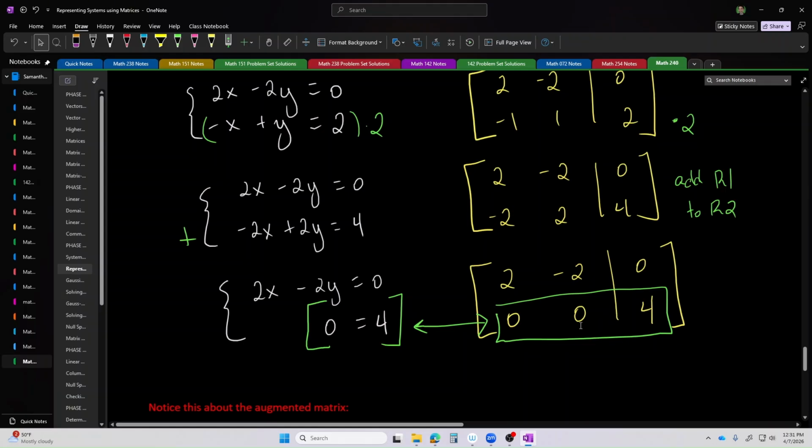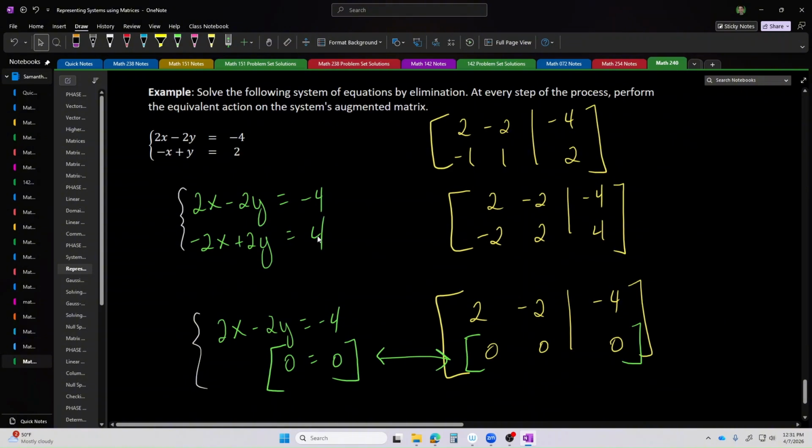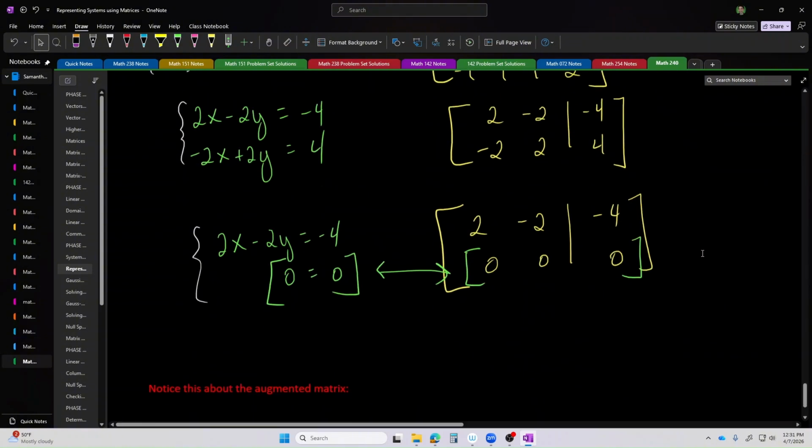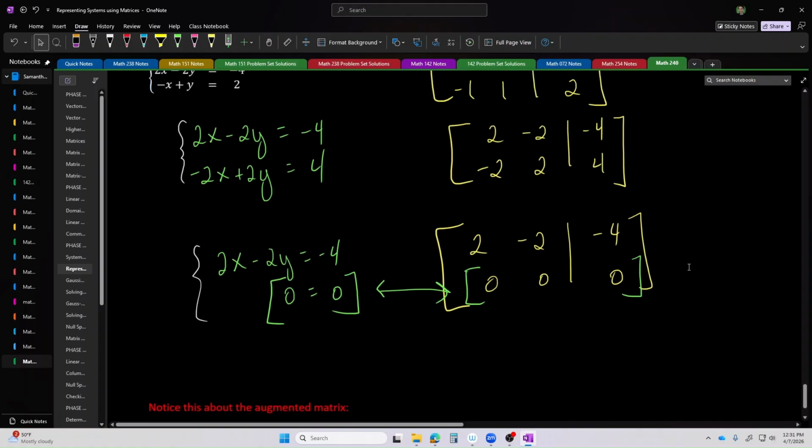And that was the matrix equivalent of having 0 equals 4 coming out of our system. And notice in this case where we had an underdetermined system that had a free variable, that manifests in the augmented matrix as this row in the bottom that has zeros in every single position, zeros to the left of the bar and zeros to the right of the bar. This is the augmented matrix equivalent of having 0 equals 0 in your system.